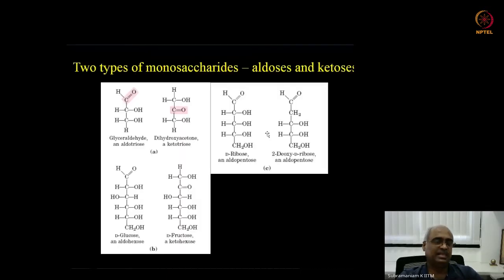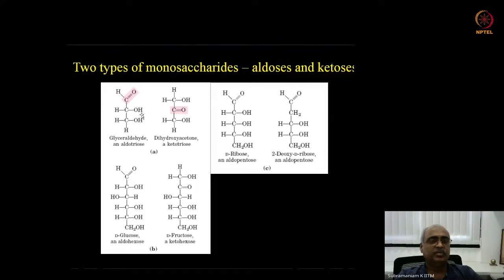First we will see monosaccharides. The smallest is glyceraldehyde, which has an aldehyde group, so it's an aldose, and it has 3 carbons, so we call it a triose. So it's an aldotriose.